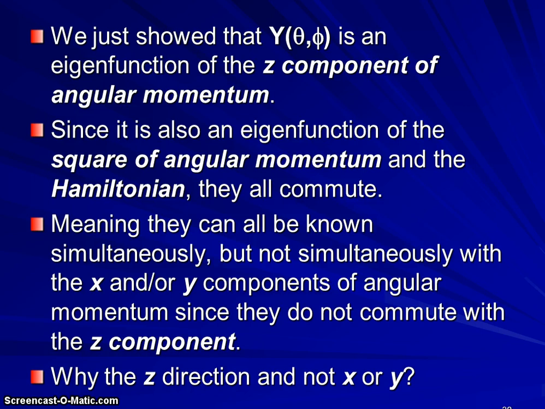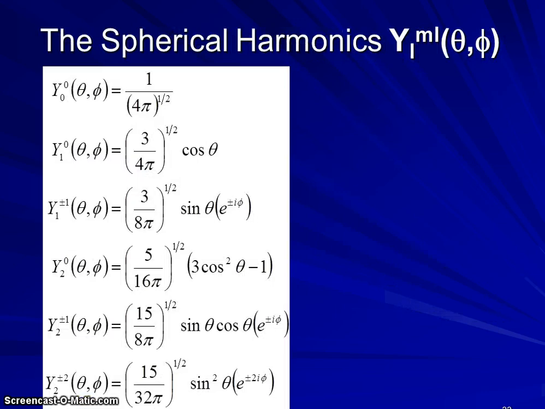So if we had built a spherical polar system around the x-axis, then x would have been the special direction. If we'd built it around the y, y would have been the special direction. But what it comes down to is you can know total angular momentum, you can know total energy, and you can know one angular momentum about one axis all at the same time. But once you know those, you can't know the other two axes.